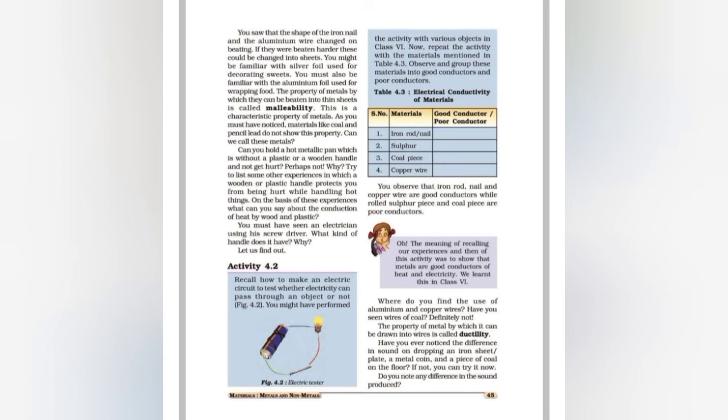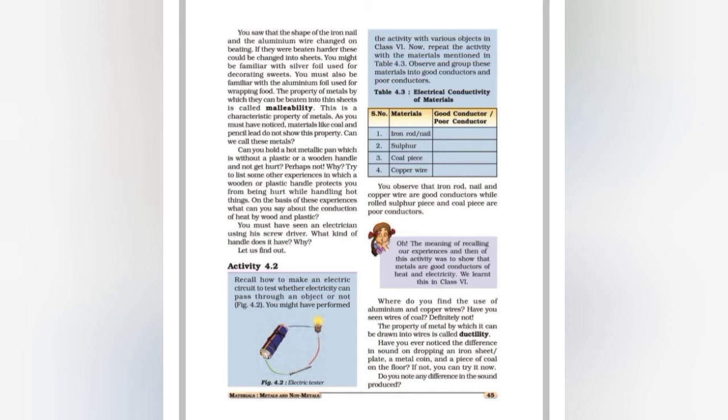So what we have to do is make an electric tester by connecting a cell, an electric bulb and a key with connecting wires to test whether electricity can pass through an object or not. Connect an iron nail in the circuit as given in figure 4.2, and connect a coal piece also in this circuit.